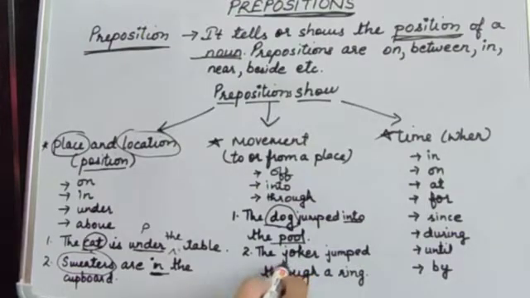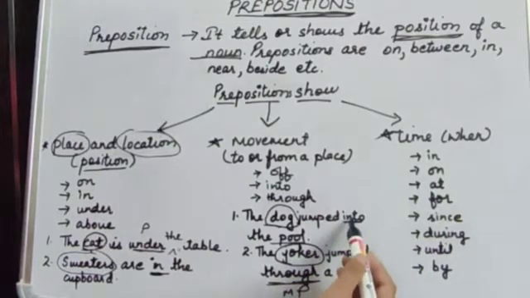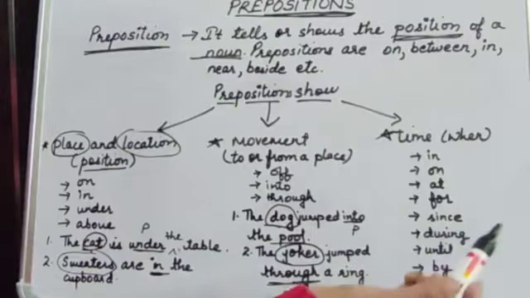Here we are talking about a noun, a person, joker, who jumped through a ring. This word through is showing you the movement, so it is your preposition. It is showing a movement of this joker from one place to the other. So class, into is your preposition and through is your preposition.